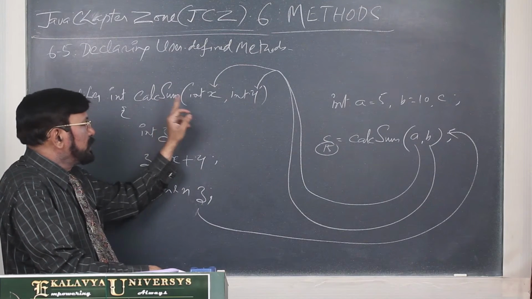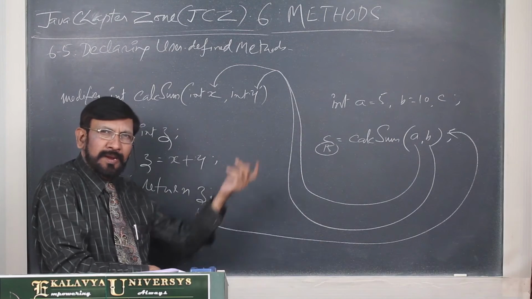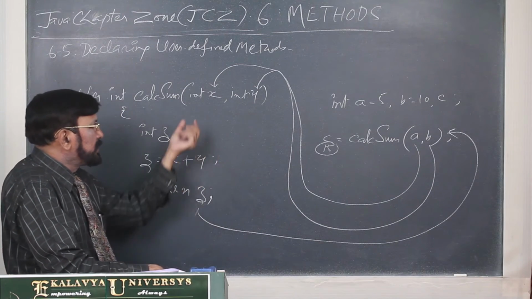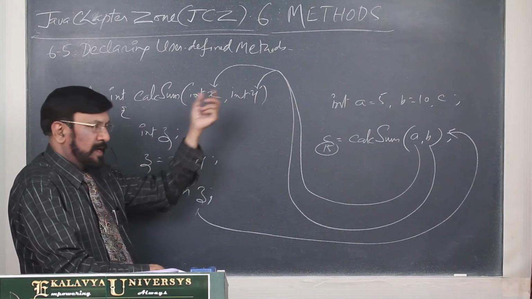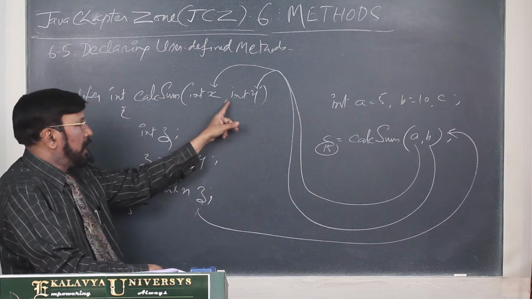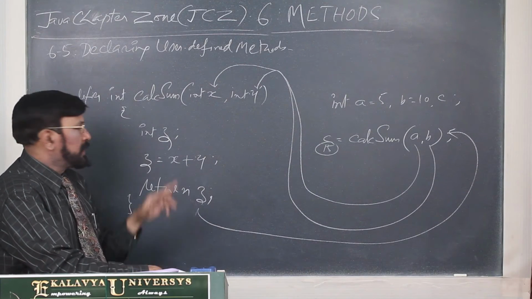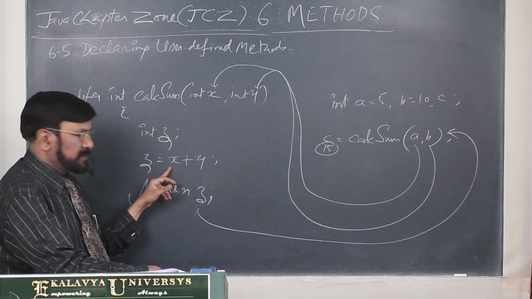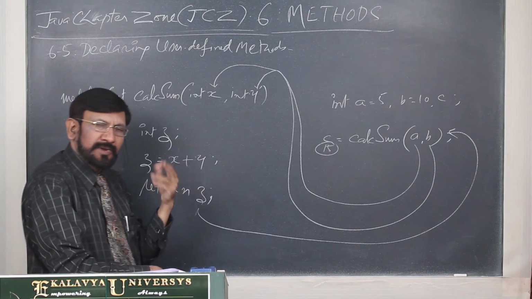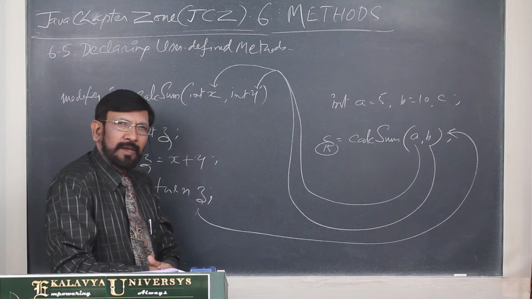Then a parameter list, an optional parameter list. Each parameter should be declared separately, and if more than one is there, they are separated by comma. Thereafter, this is a local variable, then one or more executable statements depending on the requirement. Thereafter, this is the return statement.